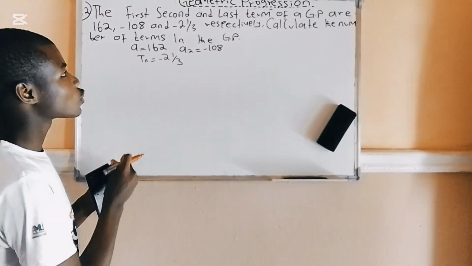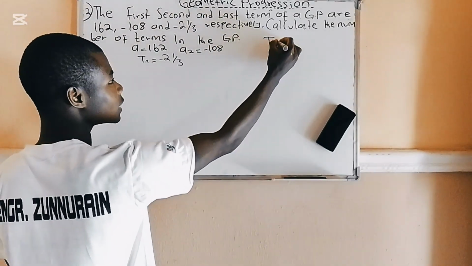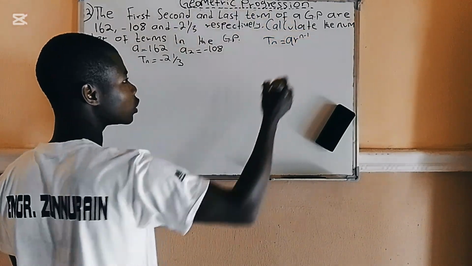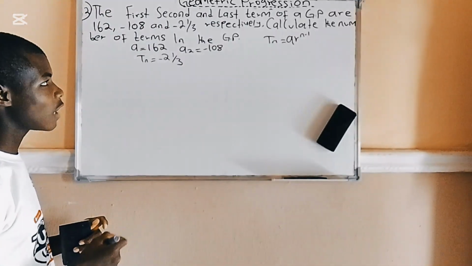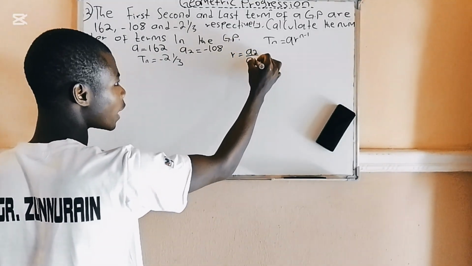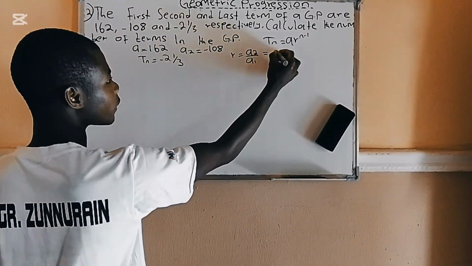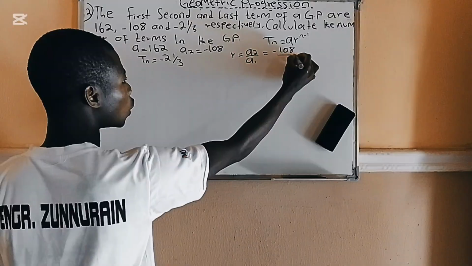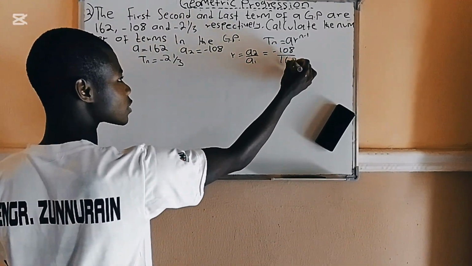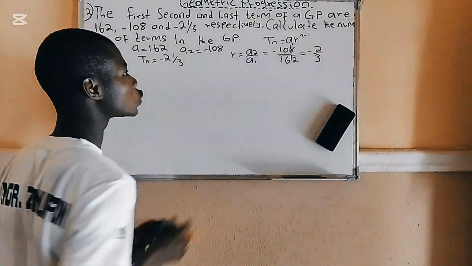Sorry for the mistake. The next thing to do is to first find the common ratio, because my formula says that T of n equals A multiplied by the common ratio to the power of n minus 1. The common ratio, A2 over A1, will be equal to minus 108 over the first term, which is 162, and it will be equal to, I think, negative 2 over 3.